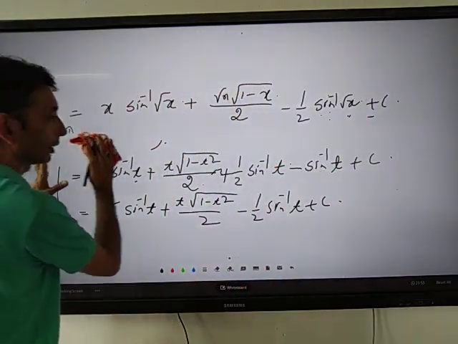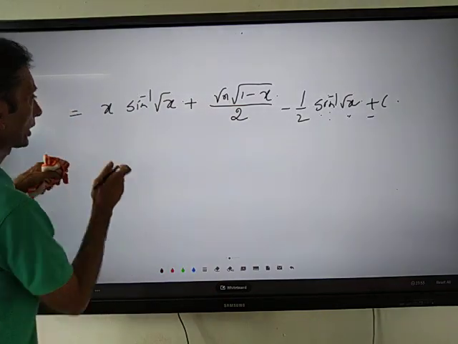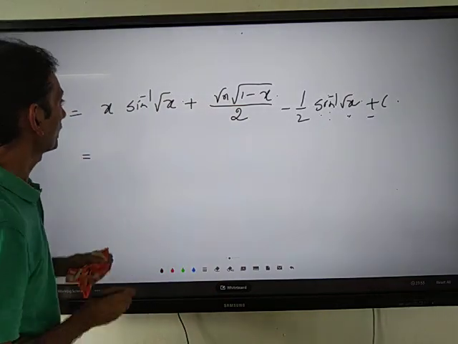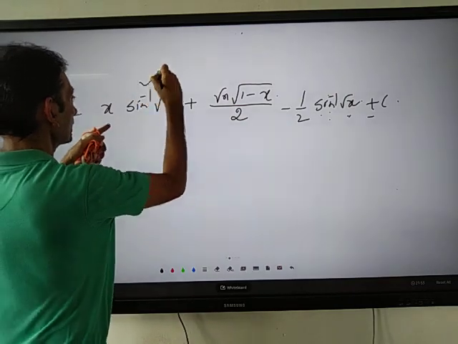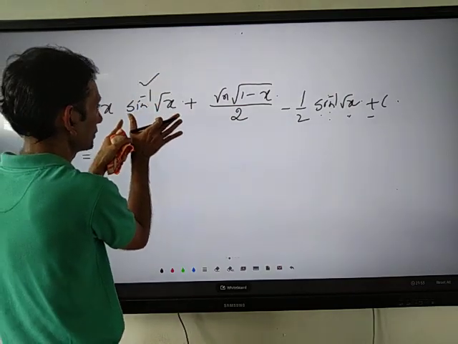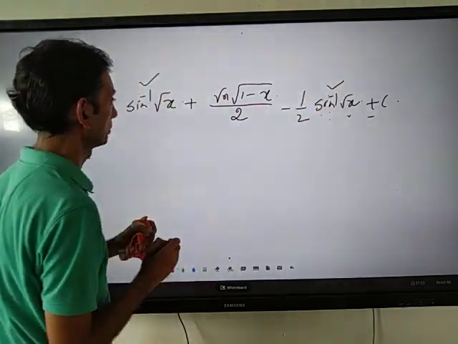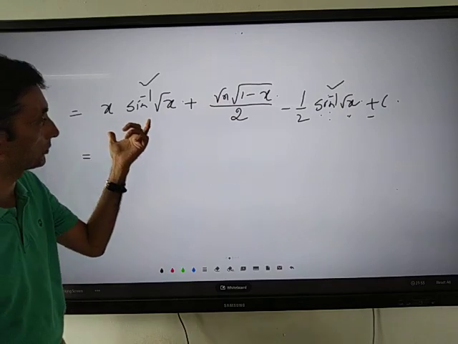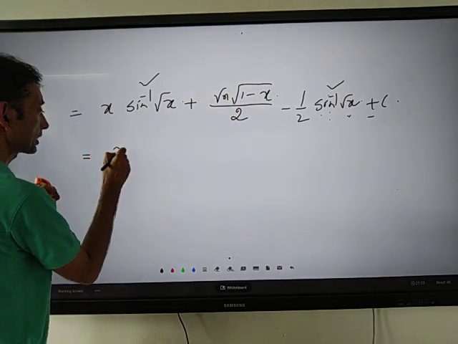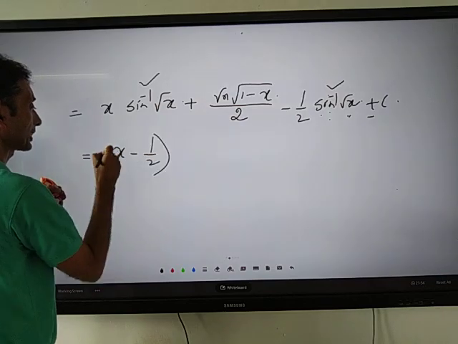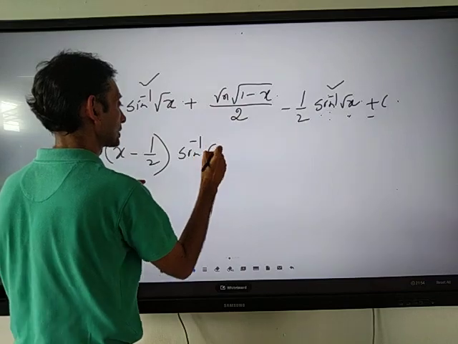Okay, and next we can simplify a little more, like x sine inverse root x plus, so how to simplify? We've seen there is a term sine inverse root x in the first and the third term as well. So just take sine inverse root x out, so this gives us x minus half, sine inverse root x, fine.